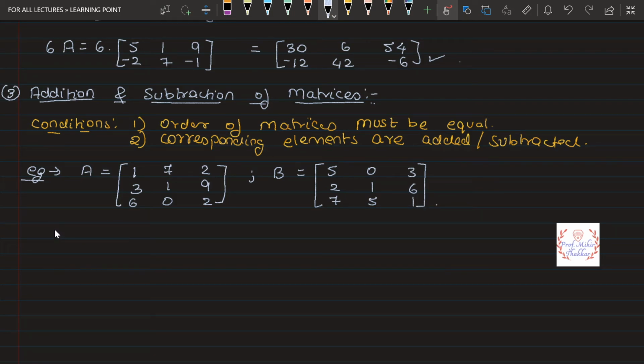If you are asked to find 2A plus B, so what you have to do is, first you have to multiply all the elements inside the matrix A with 2.